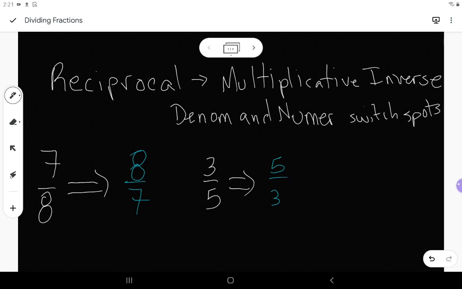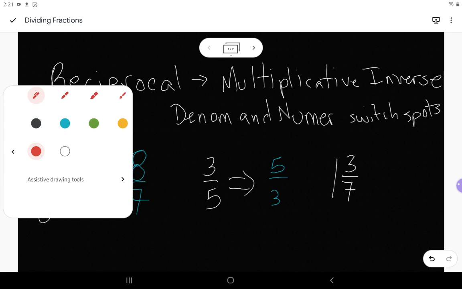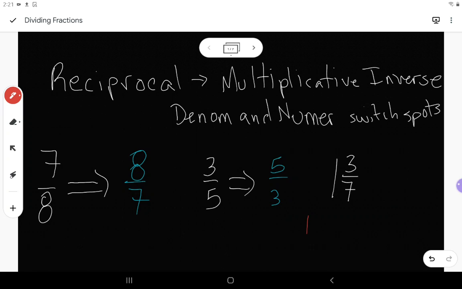Now, I could also give you a mixed number. If I gave you 1 and 3 over 7, I'm not allowed to make my numerator and denominator flip just yet, because I still have that 1 in front. Before I find the reciprocal of a mixed number, I need to change it to an improper fraction.